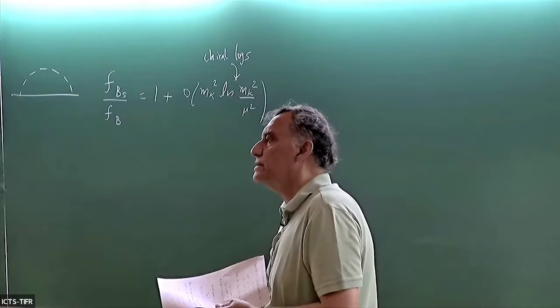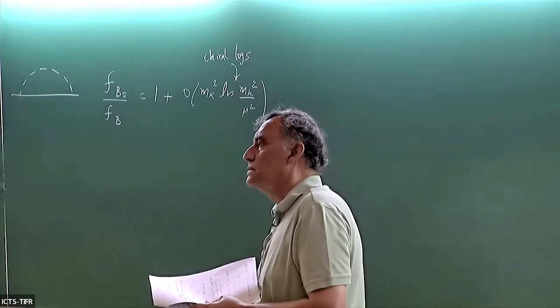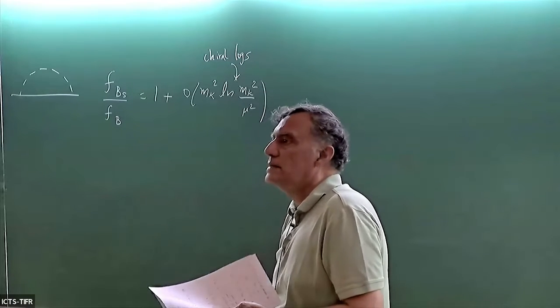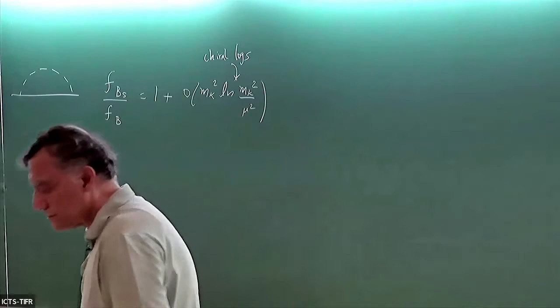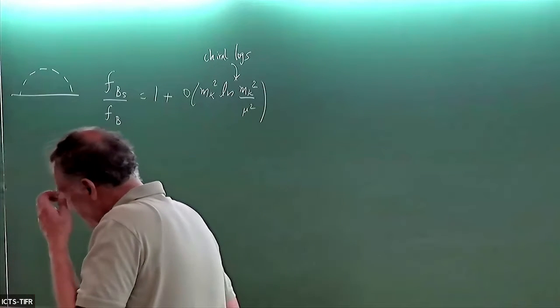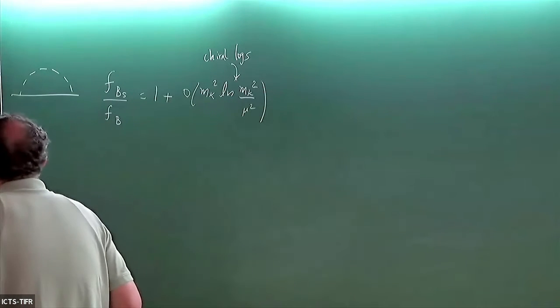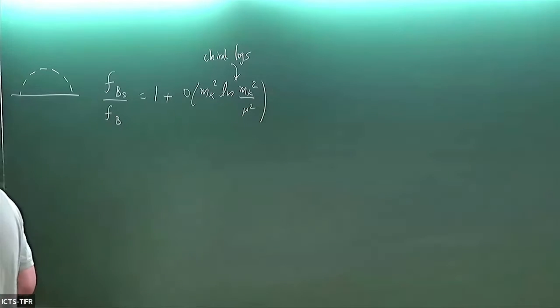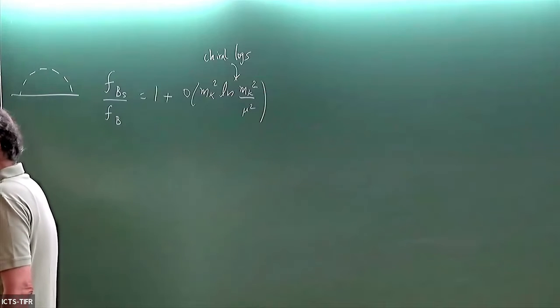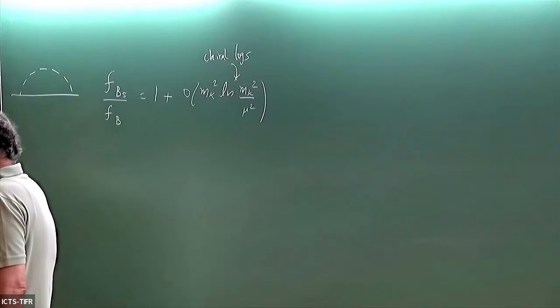Wait, what do you mean? Okay. So the question is whether the charm quark or the D meson system is heavy enough that you can do the 1 over m expansion and apply perturbative QCD at the scale.